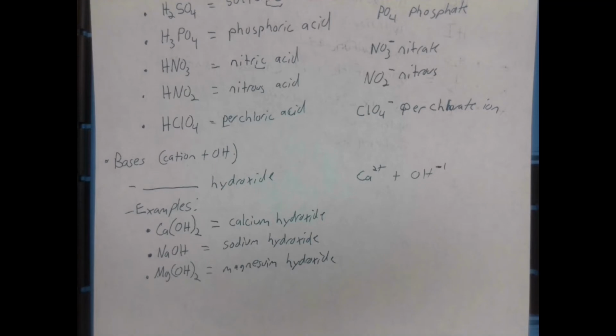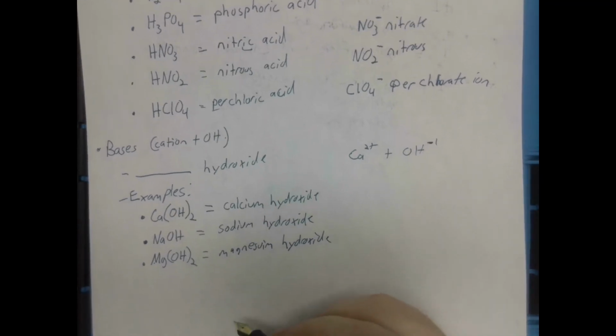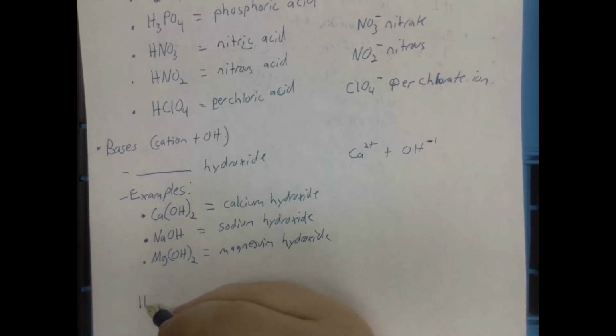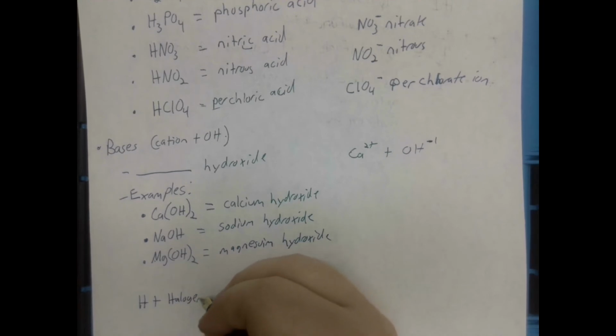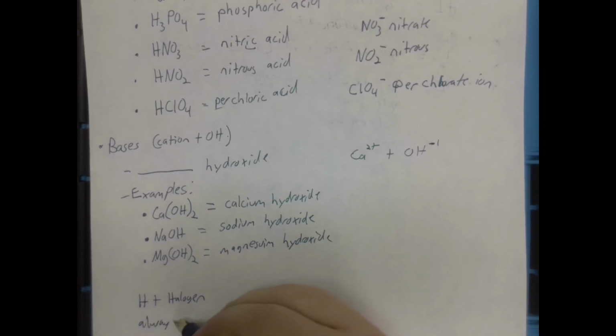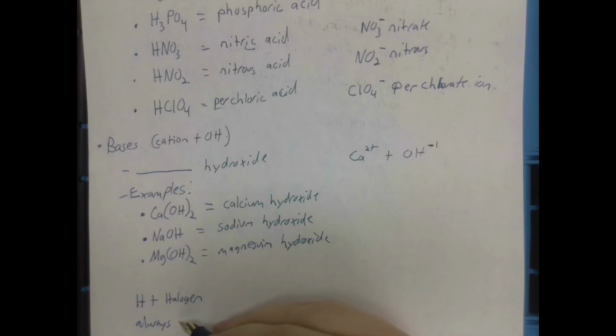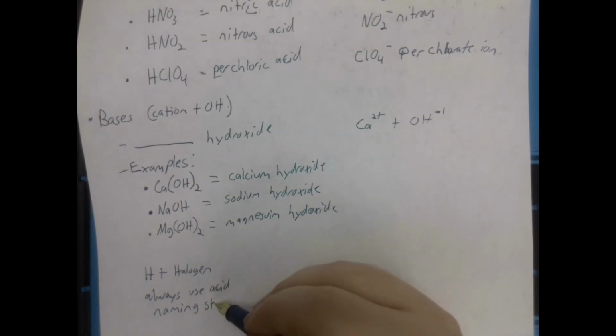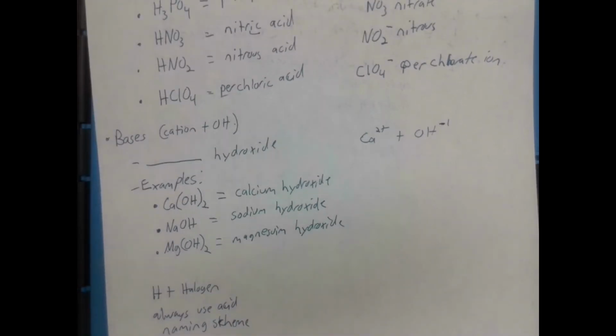So the important thing here is if it's H with a halogen, always use the acid naming scheme. Try to find, that's not how you spell scheme.